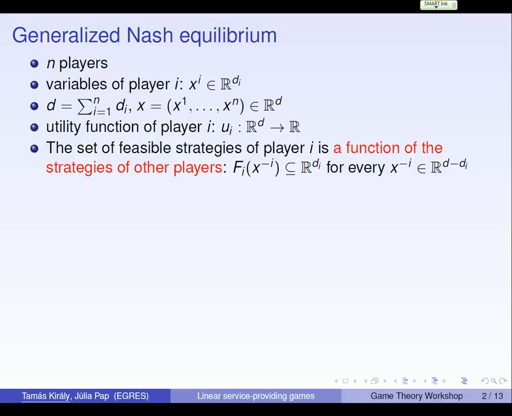Of course, you can argue that this way it's not a game because players cannot decide independently. And in a sense, this is true, but still it makes sense in some contexts. If you don't like it, you can also think of it as having utility minus infinity for certain outcomes, and you are only interested in Nash equilibria which have finite utility for every player.